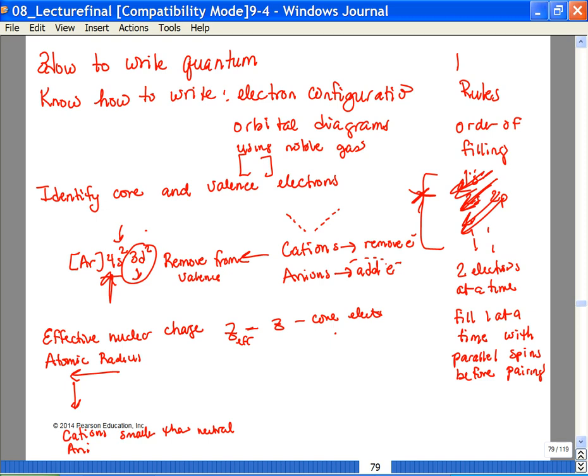And so therefore, the size is smaller, and then the Z effective allows you to pull it in tighter. So anions, on the other hand, are larger than neutral because you've added extra electrons on the outside. So for atomic radius, that's the direction it goes in. Always remember, cations are smaller than the neutral atom, anions are larger than the neutral atom.